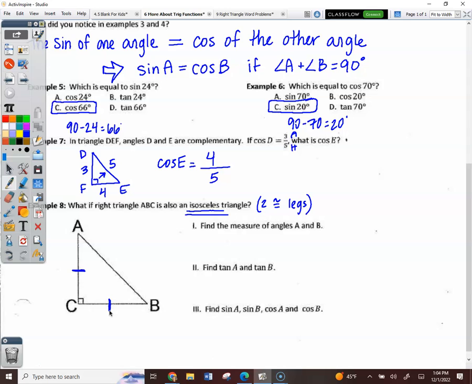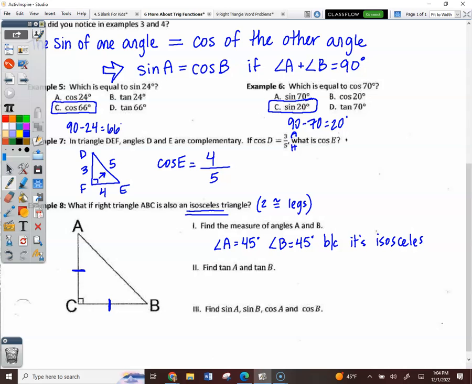So find the measures of A and B. Angle A would be 45. Angle B would be 45. And it's because it's isosceles. Now the next question says, now tell me what tan of A and B would be.